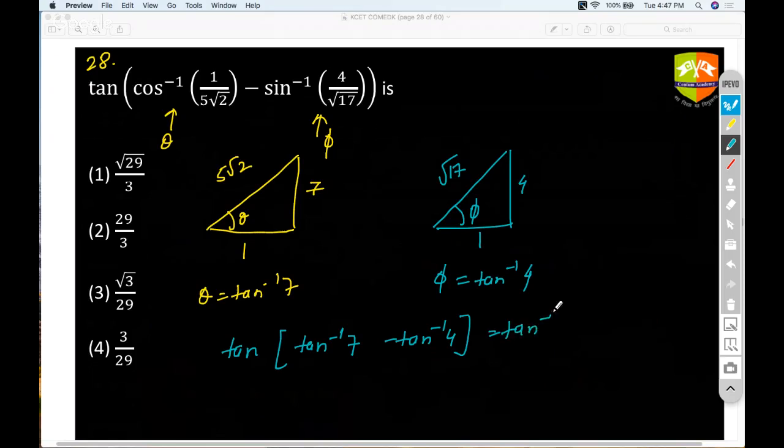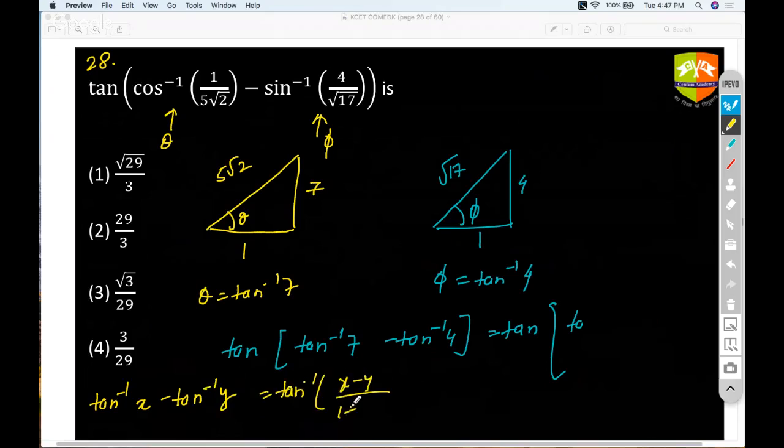So that's going to be tan of. Now, again, remember your formulas correctly. That's the most important part in inverse trigonometry. Tan inverse x minus tan inverse y, you can write this as tan inverse of (x minus y) by (1 plus xy) only when your xy is greater than minus 1.